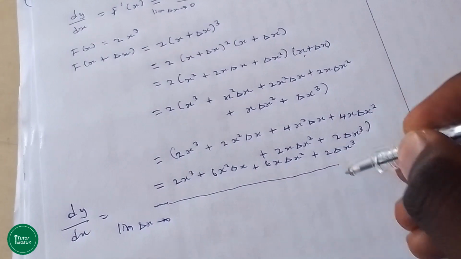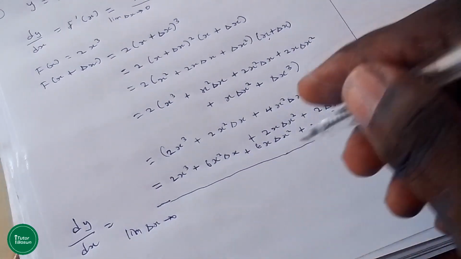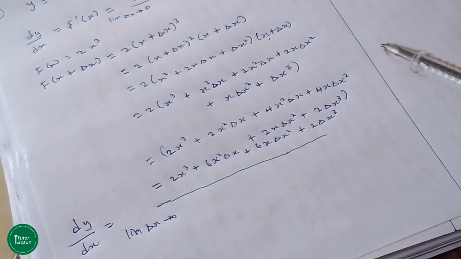Now we have f of x plus delta x minus f of x.